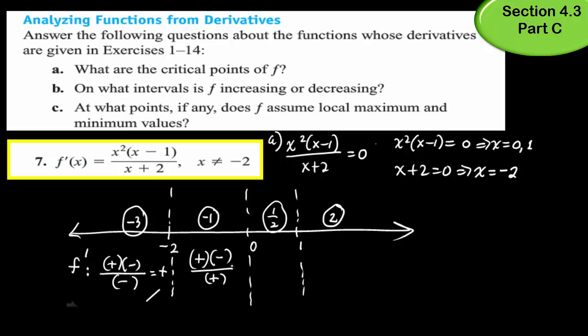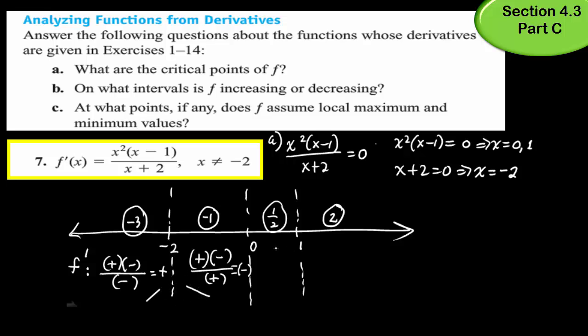So the whole thing is negative. If it's negative, you have a decreasing function from -2 to 0. So what does this tell us about -2? -2 is a local max because you have increasing to decreasing. It has reached a mountaintop or a hilltop.